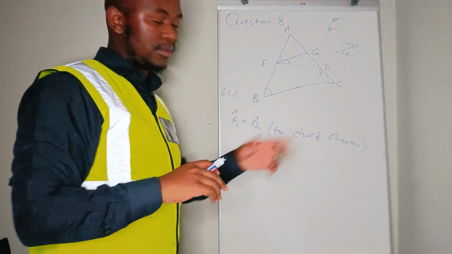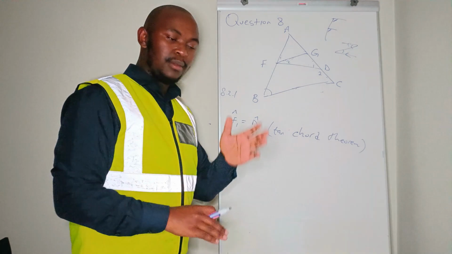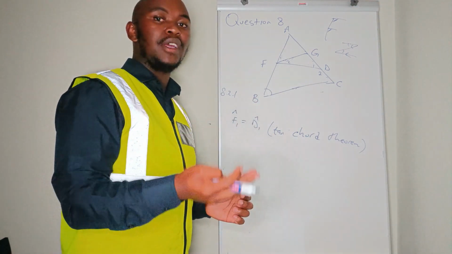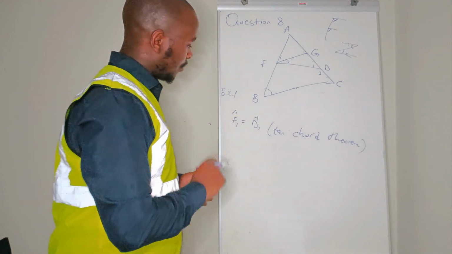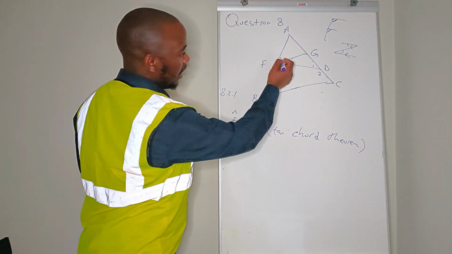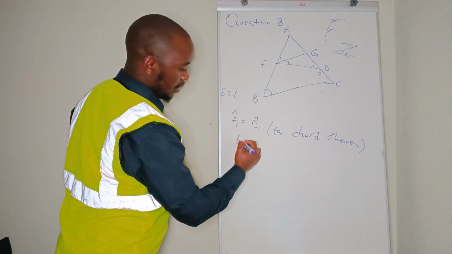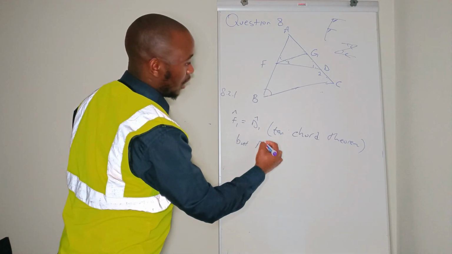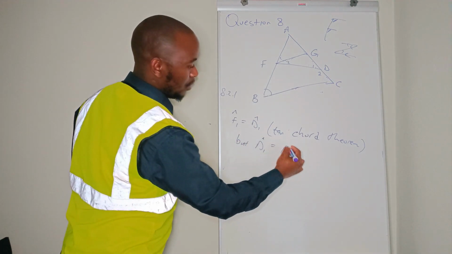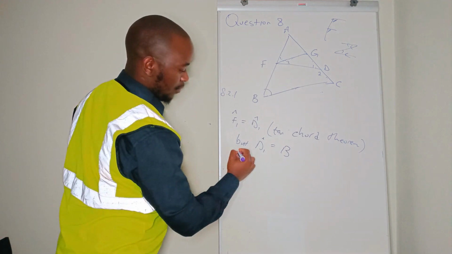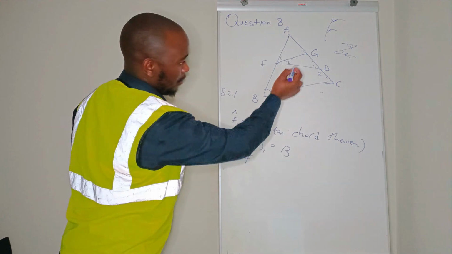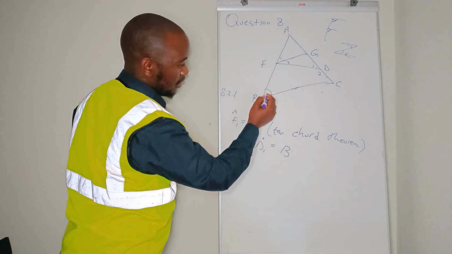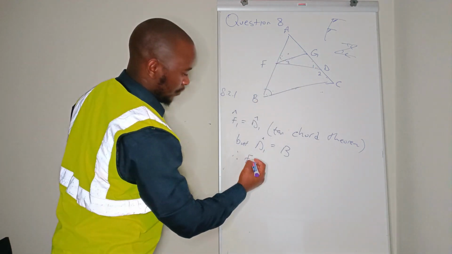Hopefully you'll remember from what I've just explained that an angle between a tangent and a chord is equal to the interior angle that is subtended by the same chord. Alright, so if this is equal to this one, but D1 is equal to B, therefore F1, because if this is equal to this, but also this is equal to this, then this is equal to that one.